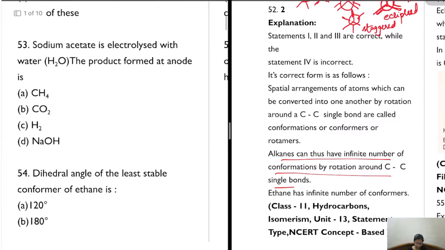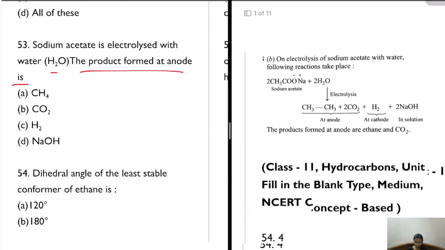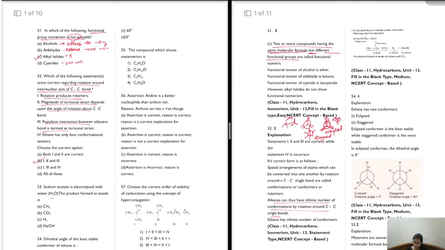Let's see the next question. Sodium acetate is electrolyzed with water, and the product formed at the anode is asked. Let's see the reaction.